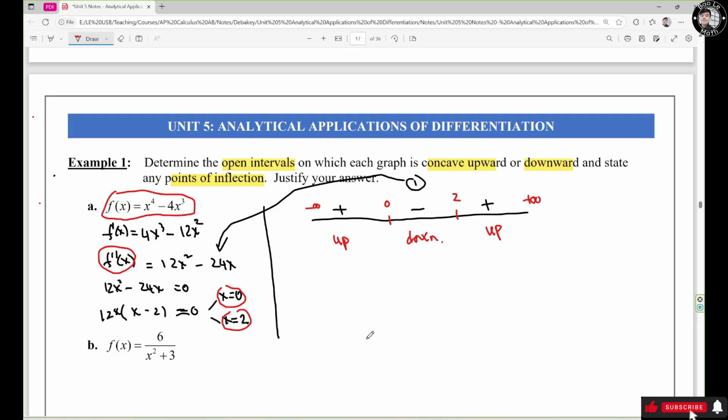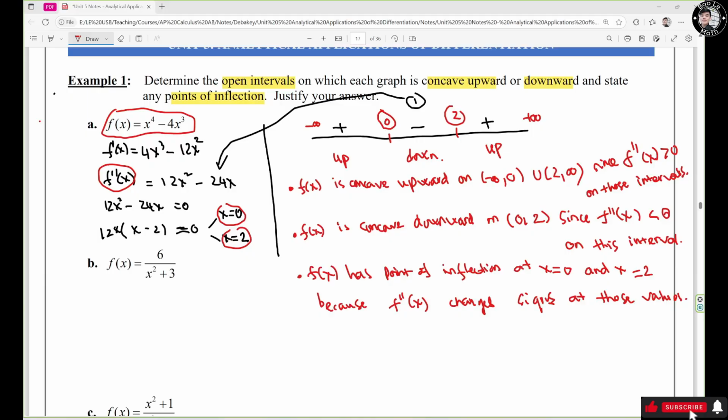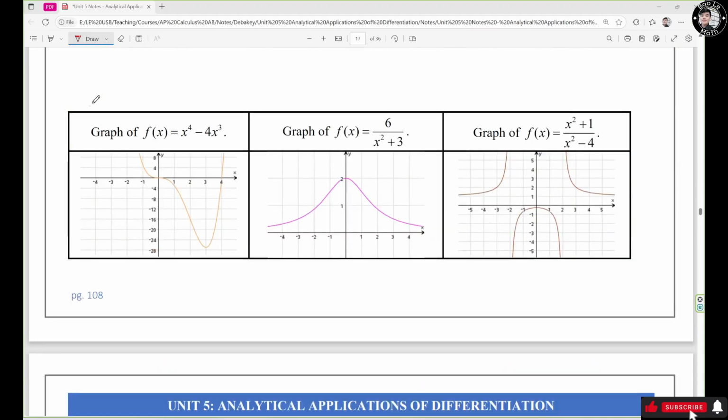And the function f of x has a point of inflection at x equals 0 and x equals 2, because f double prime of x changes sign at these two values. If you use the graphing calculator to graph this function and identify the points of inflection or concavity, it should be something like this right here.